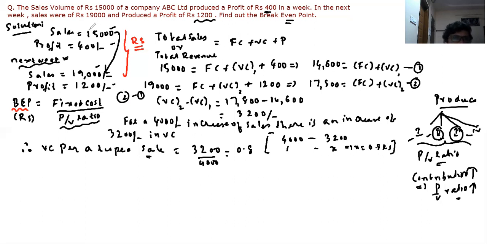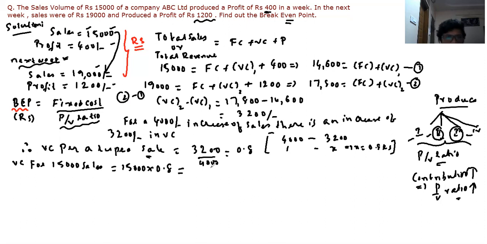In the first week, the sales was rupees 15,000. So you can write variable cost for 15,000 rupees of sales as 15,000 into 0.8, because 0.8 is the variable cost per rupee of sale.